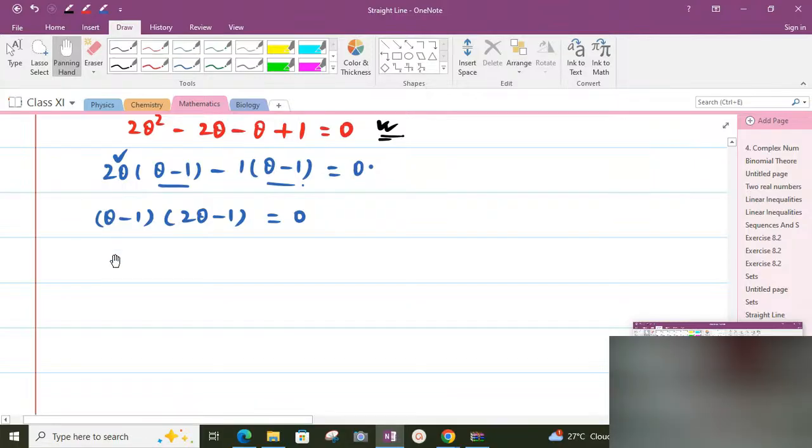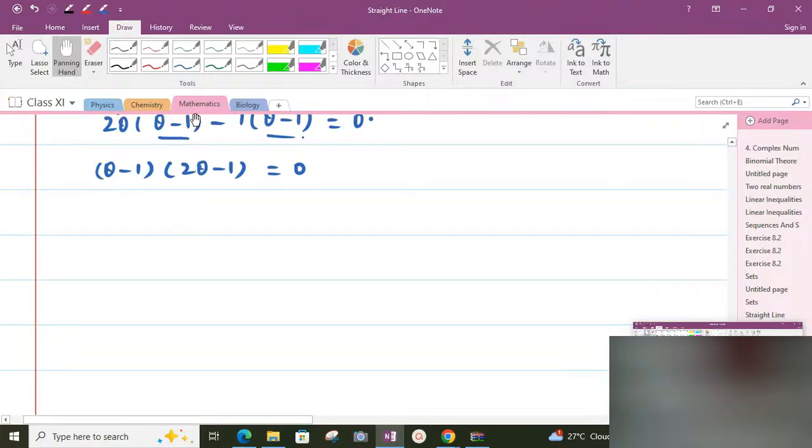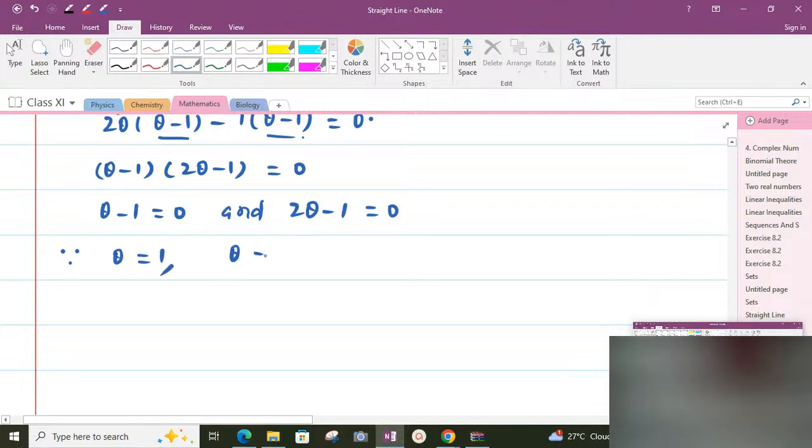Now we separately equate each to 0, then we get theta minus 1 equals 0 and 2 theta minus 1 equals 0. From here we get theta equal to 1 and theta equal to 1 by 2.